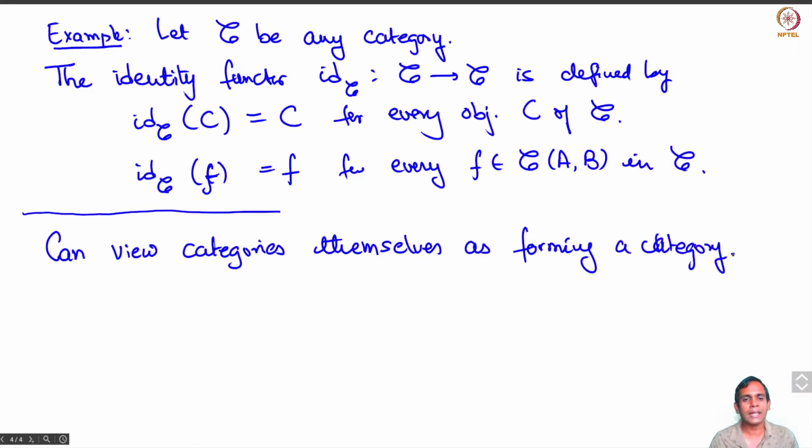The objects of this category of categories are categories. The arrows in the category of categories are functors from one category to another, and we've just constructed the identity arrow from each category to itself. However, you need to be a little careful here. You could run into set theoretic issues related to Russell's paradox.